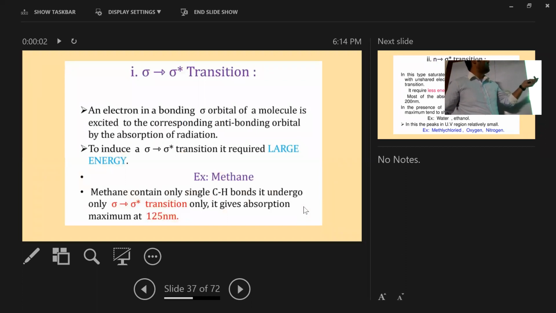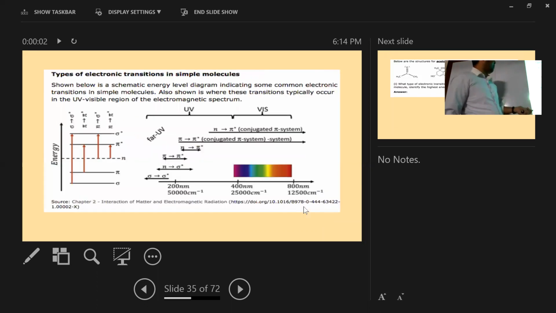For sigma to sigma star transition, an electron in a bonding sigma orbital of a molecule is excited to the corresponding anti-bonding orbital by the absorption of radiation. To induce a sigma to sigma star transition, large energy is required, because in the graph we have seen that we need this much energy. This is our energy scale.